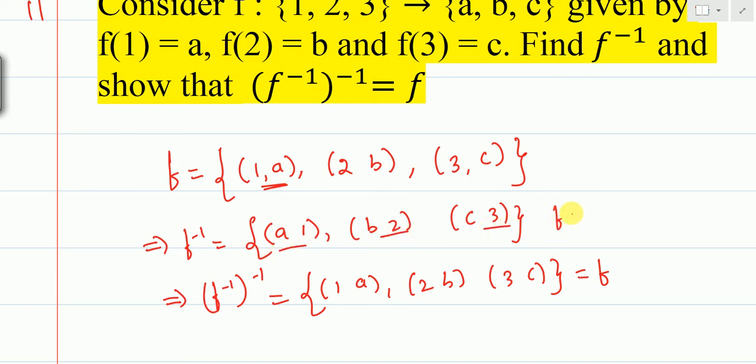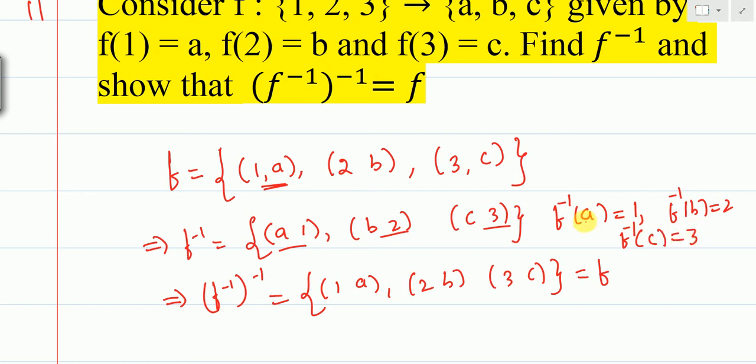Therefore f inverse is (a, 1), (b, 2) and (c, 3). That is, I can write f inverse of a equals 1, f inverse of b equals 2 and f inverse of c is equal to 3.